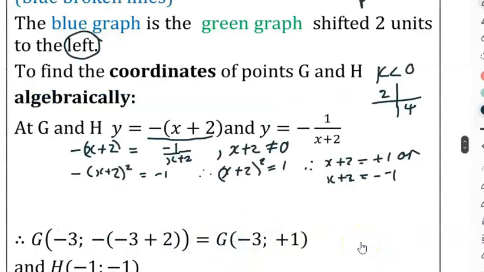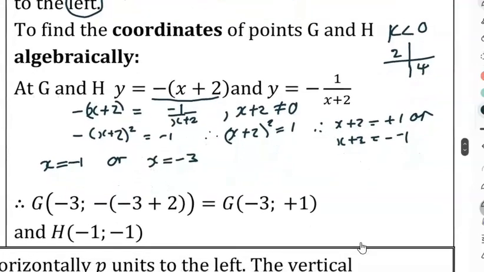In the first case I get x equal to minus 1, and in the other case I get x equal to minus 3. For x equal to minus 3, if I substitute it into that value there, then I get minus 3 plus 2, which gives me minus 1 inside the bracket, minus 1 inside the bracket times a minus.